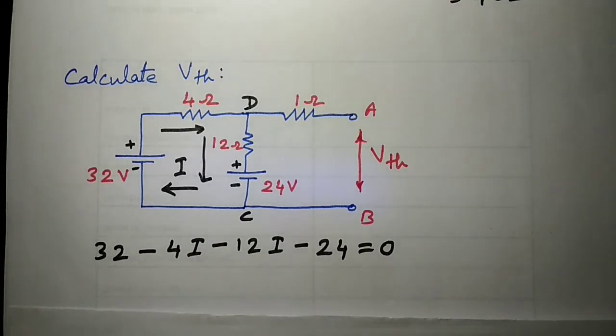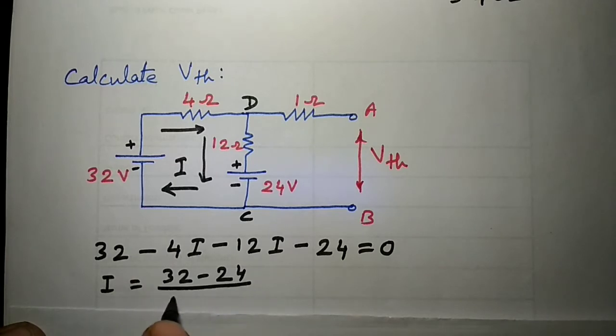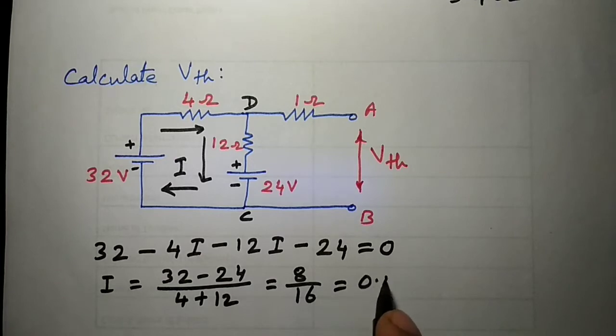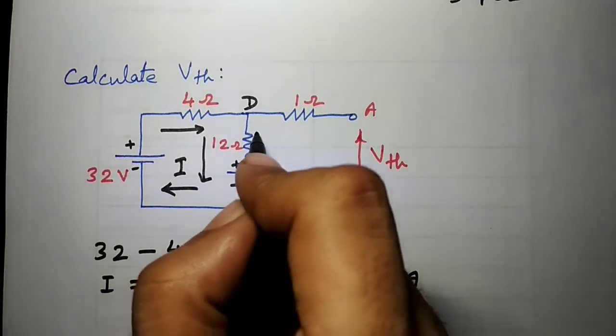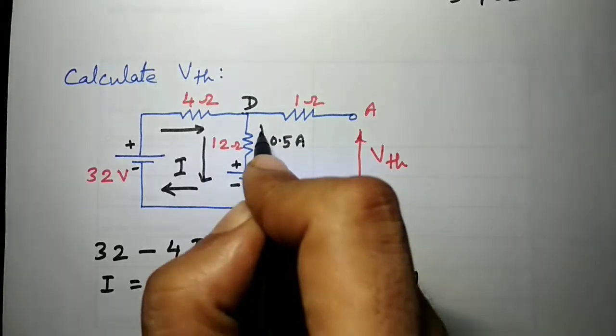So after solving this equation, we can find the current I as 32 minus 24 upon 4 plus 12. So after solving, the value of the current here will be 8 by 16, and that is 0.5 ampere. That means in the 12 ohm resistance, 0.5 ampere current will flow and it will be downward.